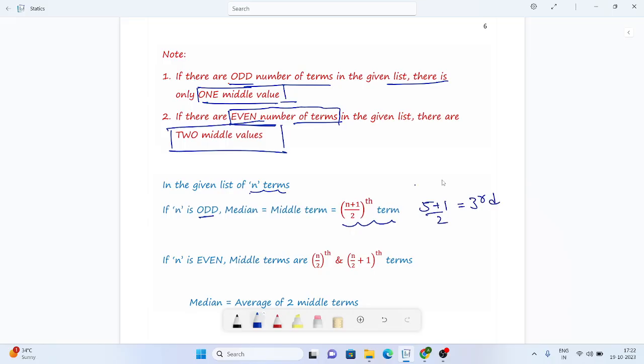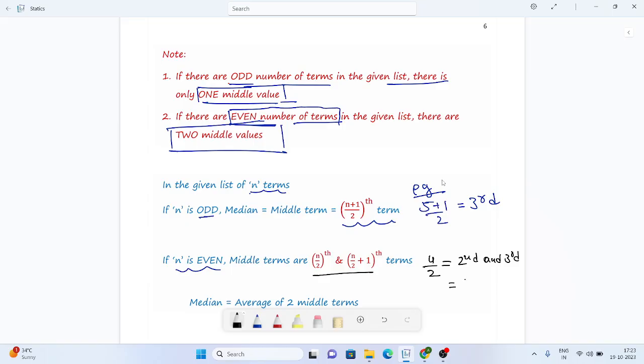If n is even, then the middle terms are the n by 2 th term and the successive term, means the (n by 2 plus 1)th term. Let's say if there are 4 terms, so what is the median? The average of the second and third terms.